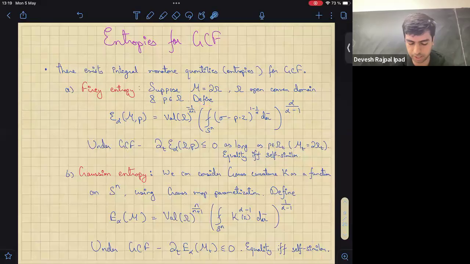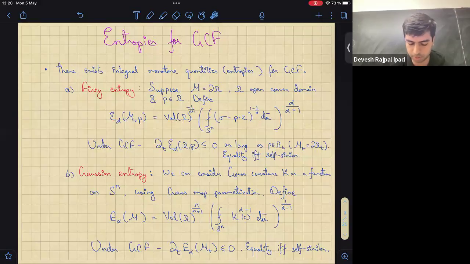So script E alpha of M comma P is defined as the integral of this quantity sigma minus P dot Z raised to 1 minus 1 over alpha, and then taking an appropriate power and normalizing it with volume. So finally, the entropy is a scale invariant quantity.